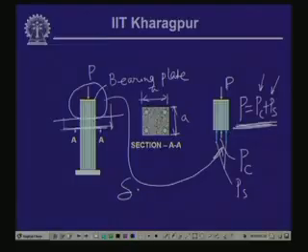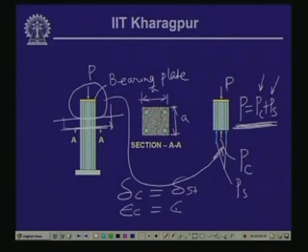So, if we say the deformation of concrete is delta C, this should equal the deformation in steel, or in other words, the strain in concrete is equal to the strain in steel.